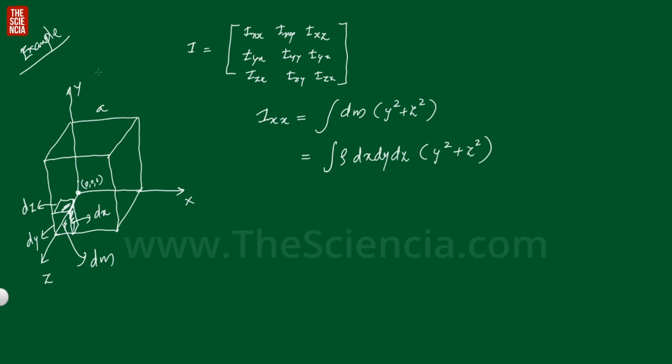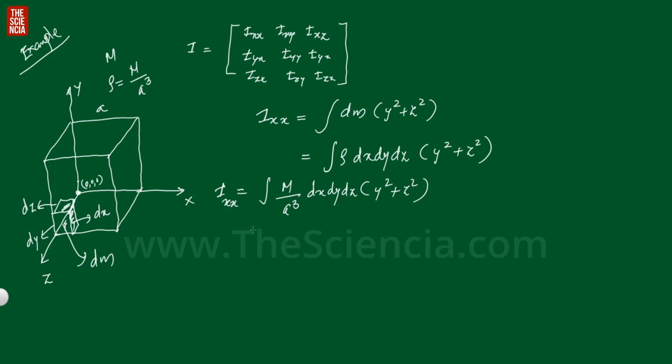Suppose the total mass of the body is m, then rho will be equal to m divided by the volume, that is a cube. Now we substitute all these values: Ixx equals the integral of rho, which is m by a cube, dx dy dz, into (y square plus z square), right?